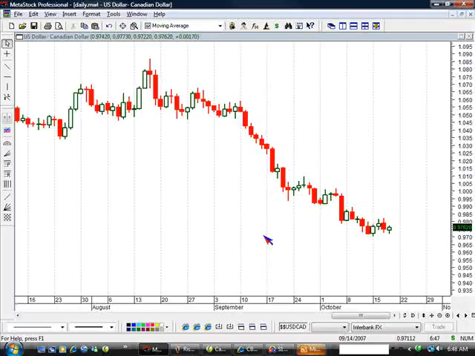Let's say, for example, I were short the dollar CAD and oil prices were beginning to come down, and I was getting nervous that the dollar CAD was going to get volatile. Since I'm short, I'm nervous that the dollar CAD is going to rise in price, which would not be good for me.